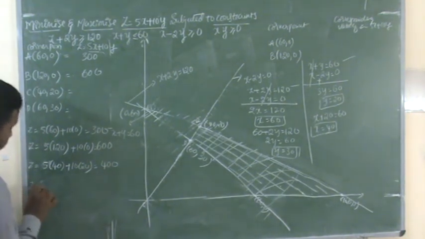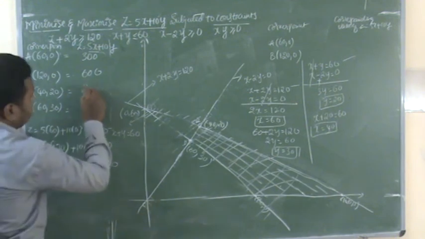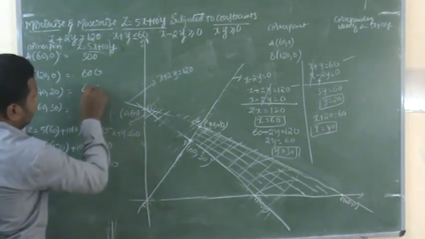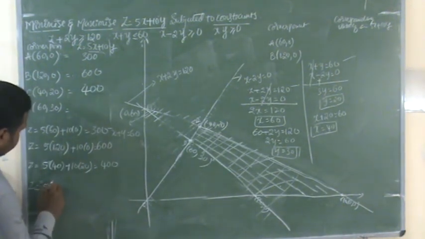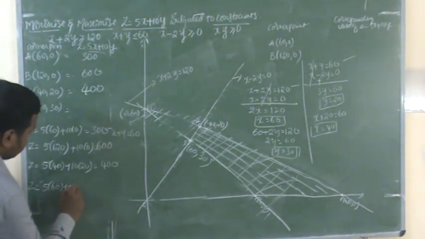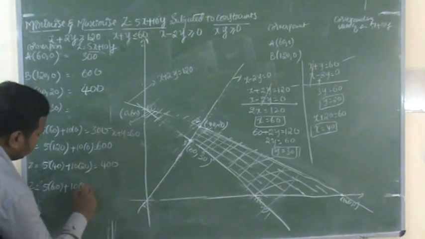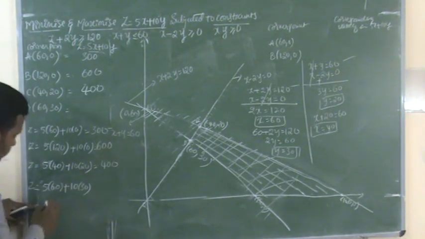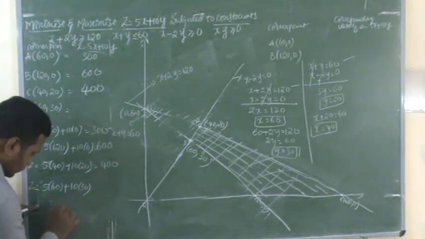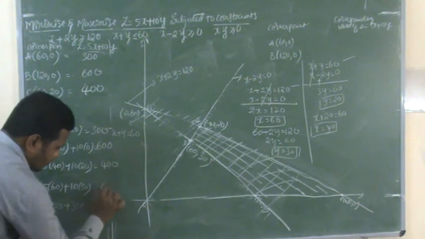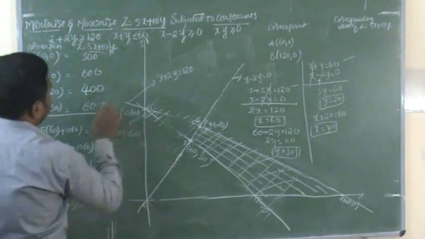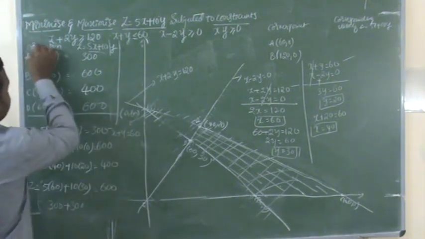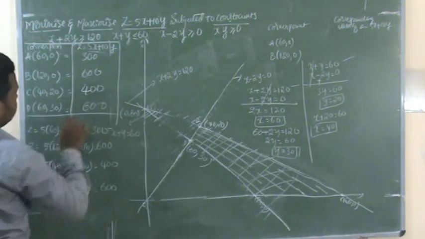Now for the fourth point, 5 into 60 plus 10 into 30, that is 300 plus 300. Therefore 600. These are the corner points.